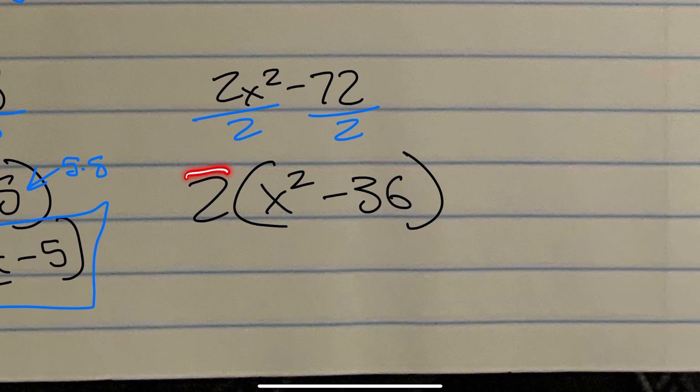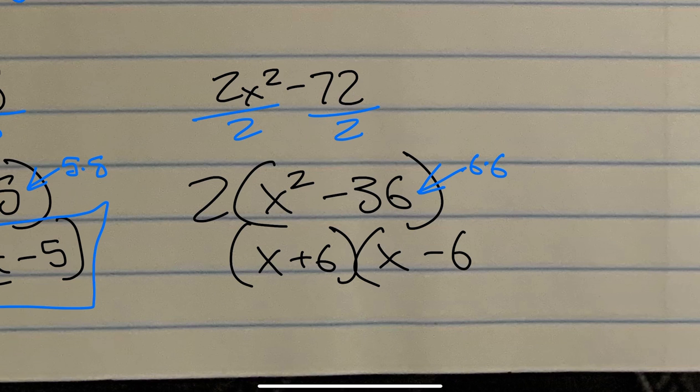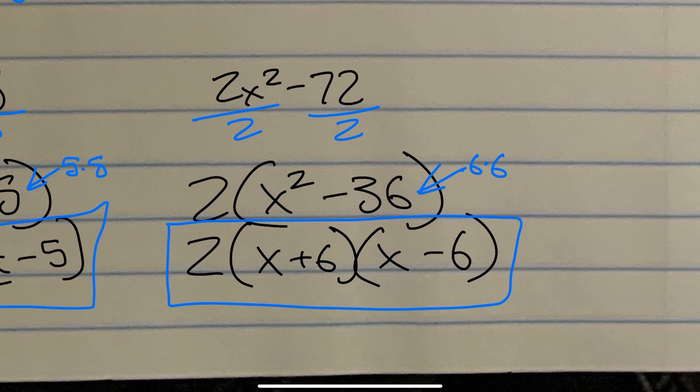Cool. So if we ignore this part for a second, we can just do our trick with our squares because we have x squared minus 36. Okay, so I know that 6 times 6 will give me 36. So if I factor that, that'll be x plus 6, x minus 6. And then this 2 is just going to come straight down. Cool. And that will be our answer.